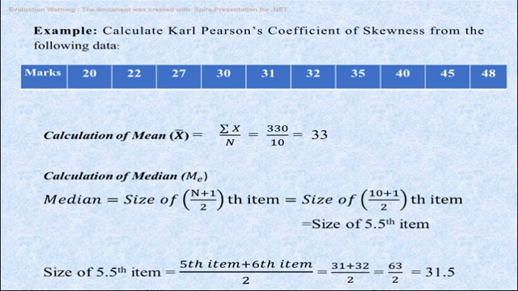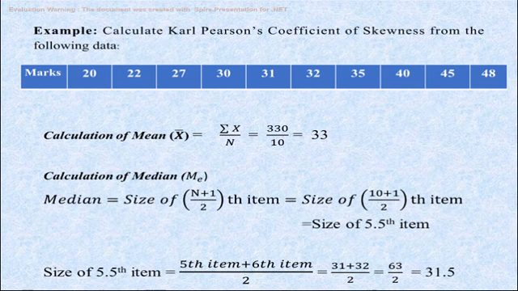In this example, the total number of observations is 10. Since this is ungrouped data, x bar will be equal to summation x divided by n, that is 330 divided by 10, which comes out to be 33. So our mean is 33. Now we have to calculate the median.